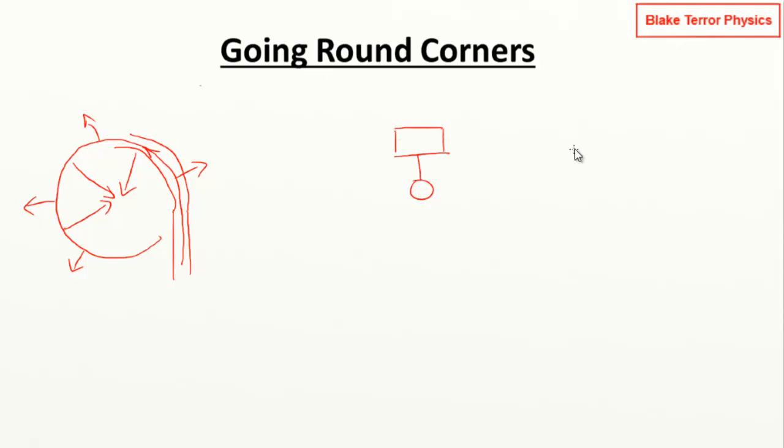We turn to the left, so the rear view mirror attached to the car will automatically move with the car. The friction between the road and the tyres is what's giving the centripetal force to the car so it can turn in a circle.